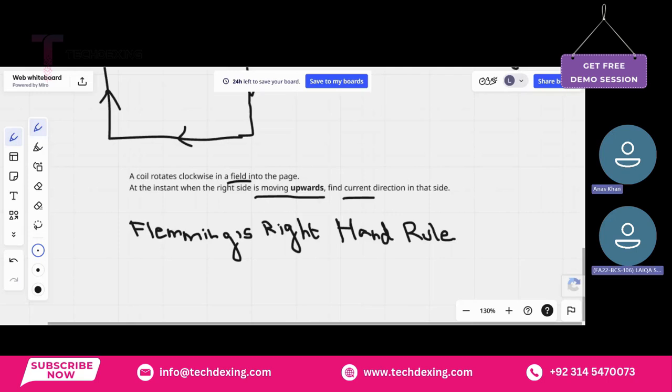So if the motion is upward and the field is into the page, your index finger must point away from you towards the screen, and your thumb must point upwards. Where will your second finger point?